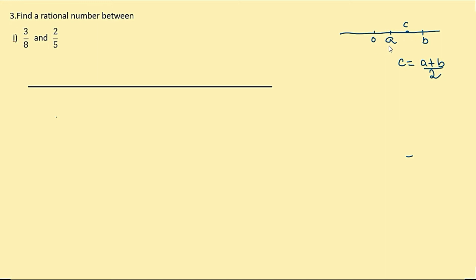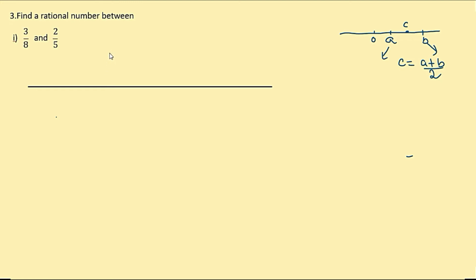So here evidently A is the smaller number, B is the larger number. From the number line only you can make out. So our first sum is 3/8 and 2/5. Both of them are represented as fractions, so it's a little bit difficult to predict which fraction is greater.